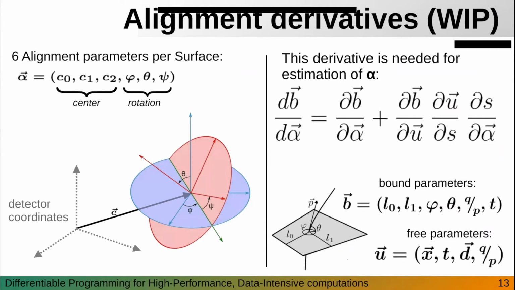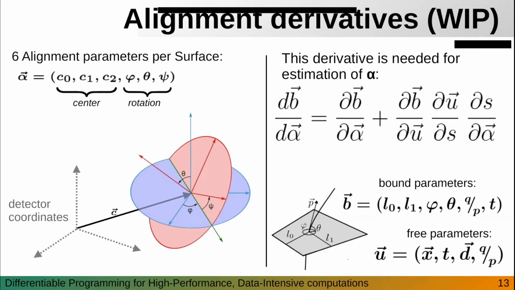They consist of 3 space points and 3 angles. For a reason which I cannot really explain here, we need the derivative of the bound track parameters, the parameters which are defined with respect to a surface, with respect to these alignment parameters.